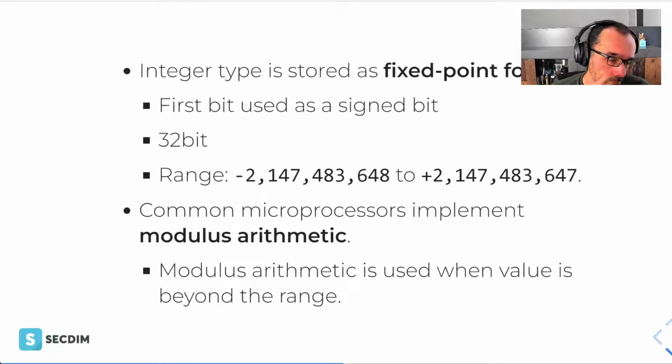Why does that happen? Two causes. One is that an integer value is stored in a fixed-point format, meaning that we have a limited size allocated to store an integer number. In a 32-bit system, that is 32 bits available. One other thing that I didn't mention before is that if we want to represent both positive and negative numbers, in other words a signed value, we need to reserve one of those bits to represent minus or plus.